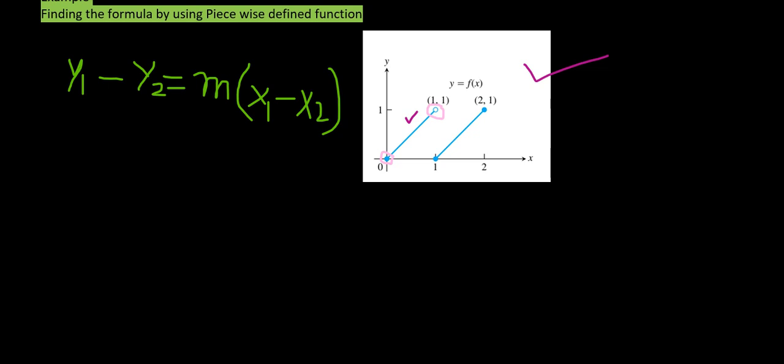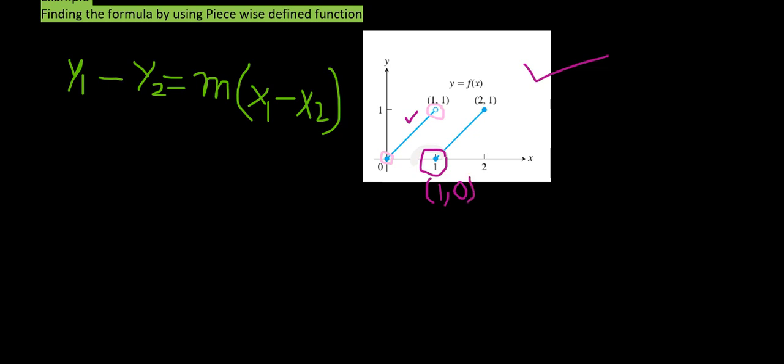You can see that over here our x value is 1 and our y value on the x-axis will be 0. So here our points will be 1 and 0, and it ends at the ordered pair 2 and 1.